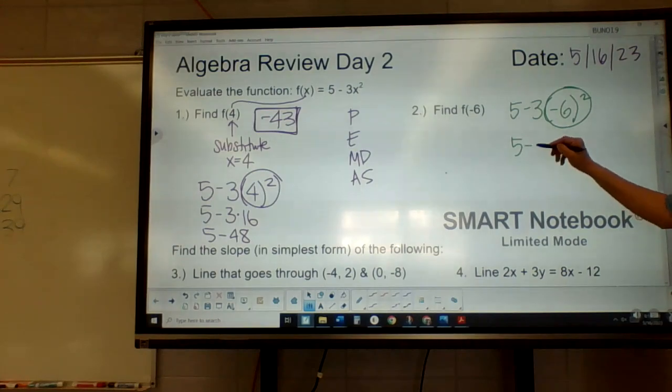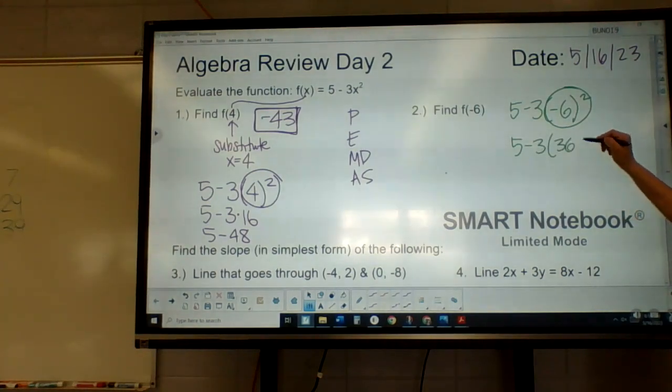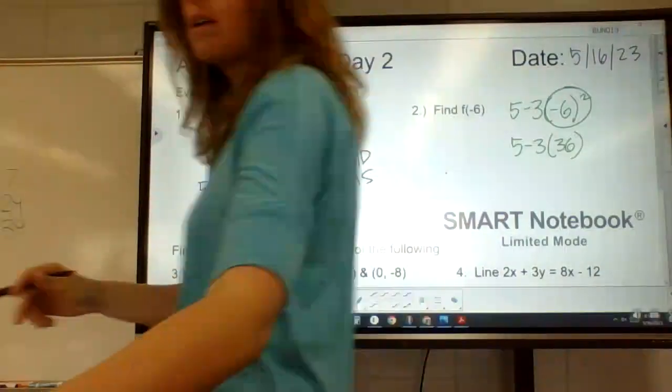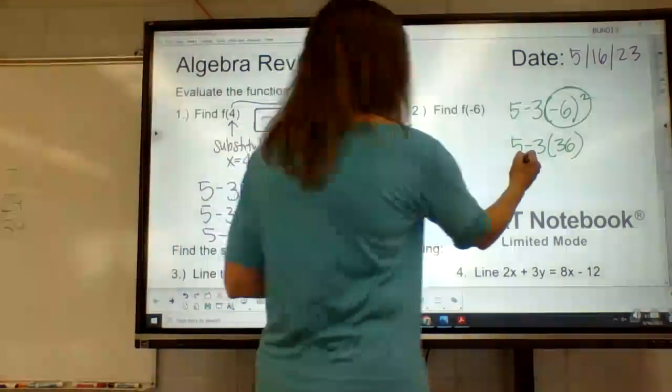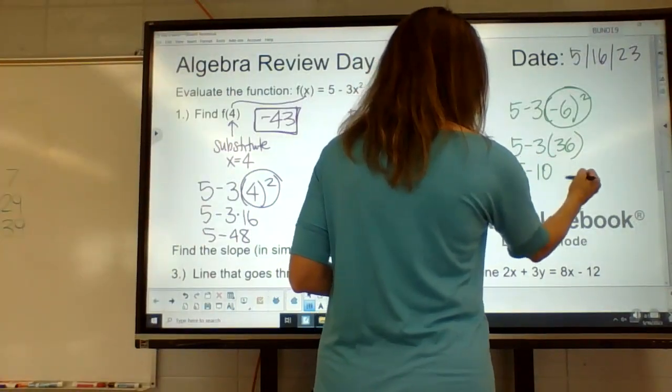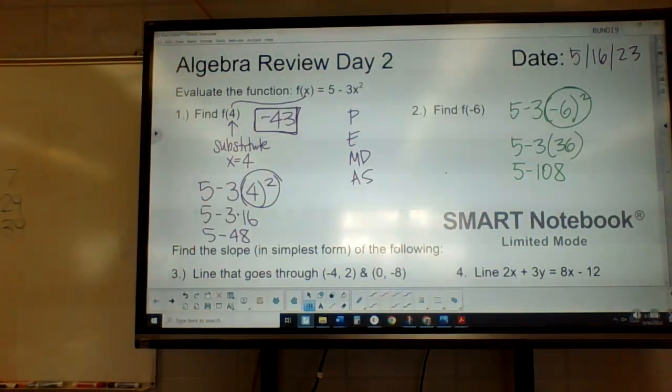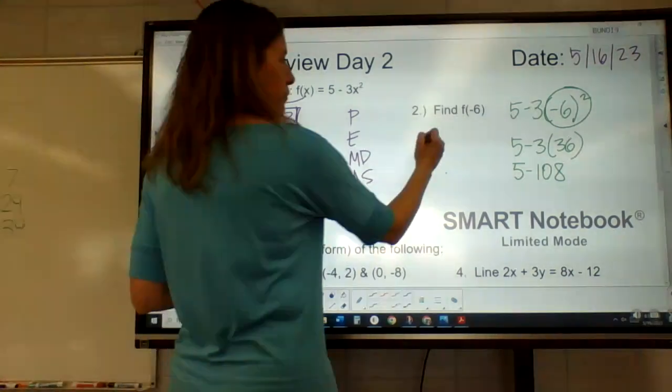So we get 5 minus 3 times a positive 36. So I multiply 36 times 3, and it's a negative 108 here. And so then when I do 5 minus 108, I get a negative 103.